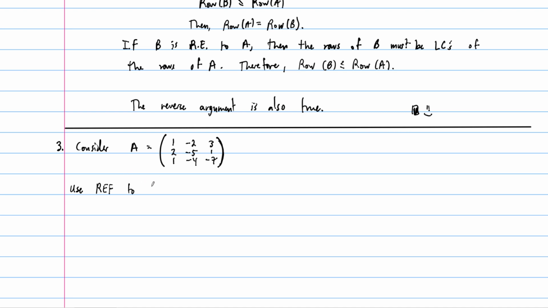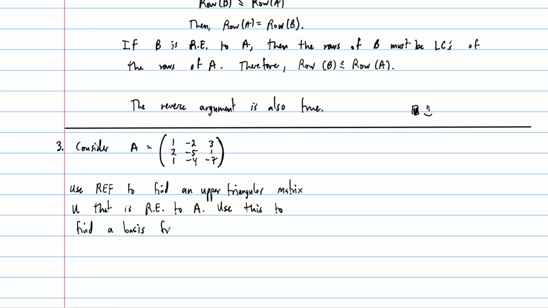Use REF to find an upper triangular matrix U that is row equivalent to A, and then use this to find a basis for the row space of A. If you want, you can think about the column space, but start with the row space, and when you come back, we'll talk about the column space of this same matrix. So take a minute, work on this, and I'll see you in a few minutes.